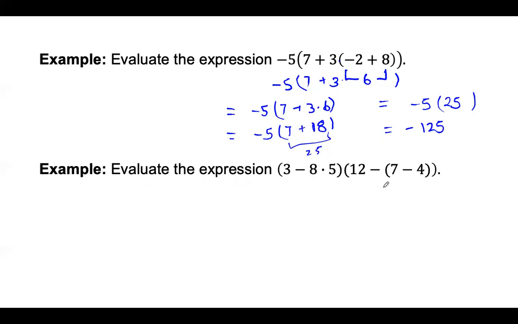So let's evaluate this one together. Feel free to speak. Where do we start? Yeah, 7 minus 4 is 3. So we do this part. Then we have 12 minus 3 times this part, and we can multiply 8 times 5, which is 40, right?